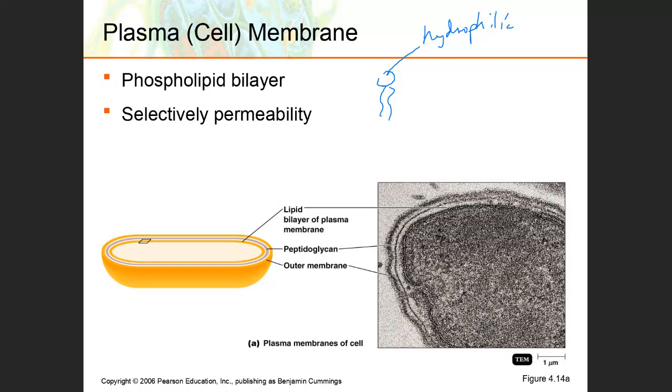And the fatty acid tails are hydrophobic. They hate water. And the reason why is the tails are all hydrocarbon. They're oily. And we know that oil and water do not mix, right? They don't like each other. So if you mix phospholipids in a beaker of water, they will automatically form a bilayer configuration.